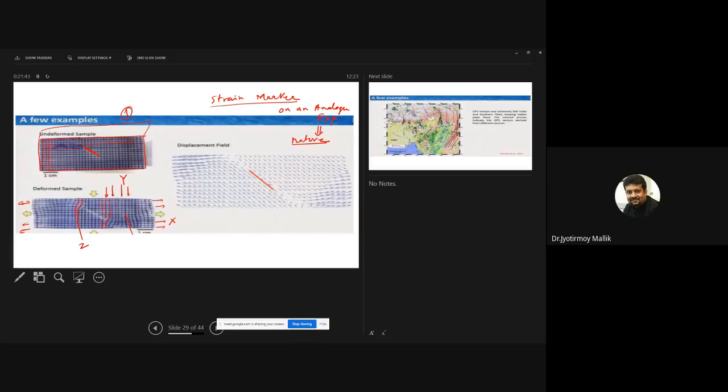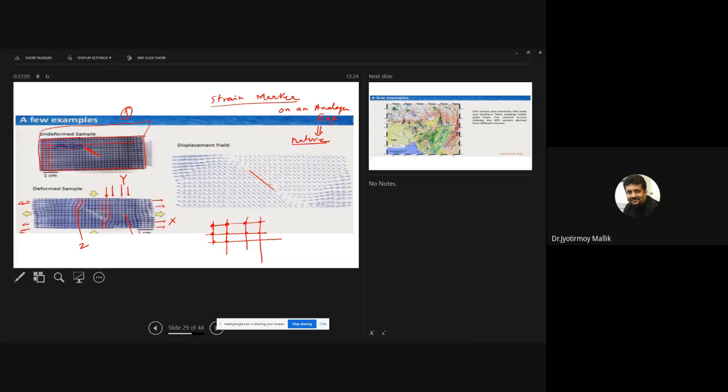Now I can essentially say that all these intersection points of my initial grids are my individual points, or my particles.